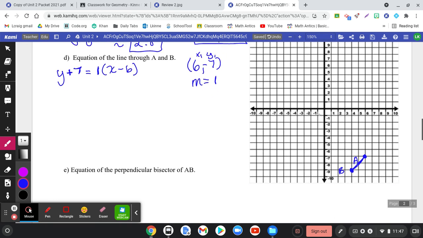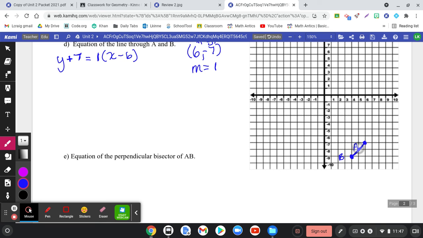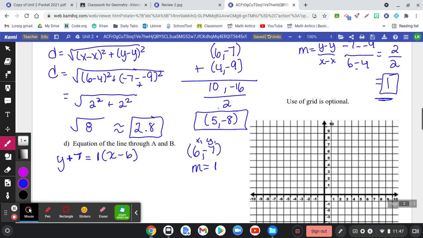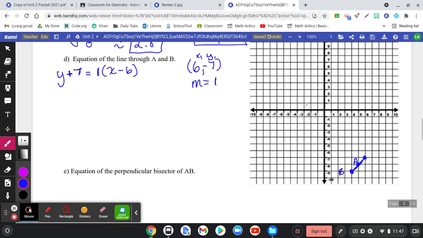Now it's kind of tough. You can see the midpoint right here. It's 5, -8, just like we found. All right, you can see we're going up 1 over 1 for our slope. Well, if you do that and you want to find your y-intercept, you'd have to go down. So now we're at 11, -12, -13 is where it would cross. So that equation would be y equals 1x minus 13.